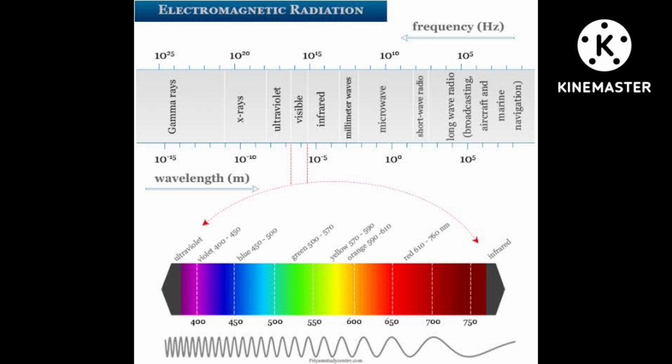I told you 1 angstrom is equal to 10 to the power minus 8 centimeter, or if you want to convert into meter, 10 to the power minus 10 meter.